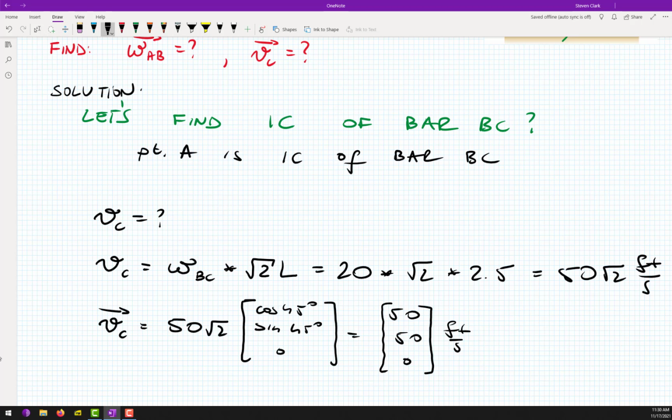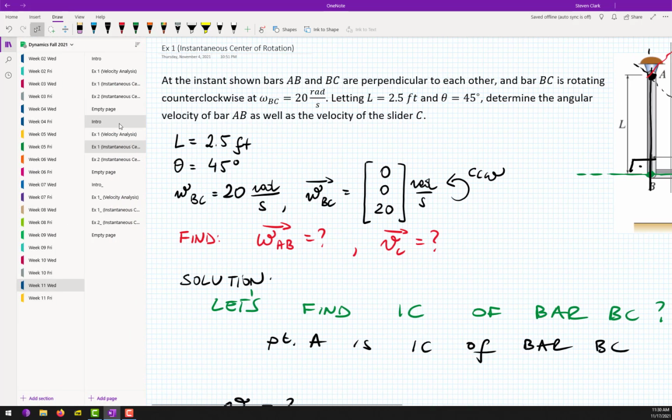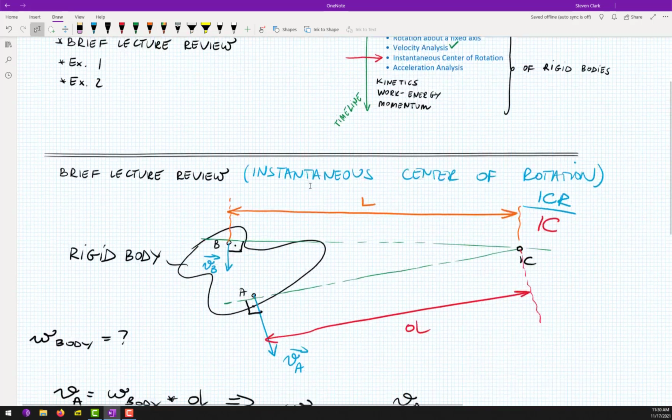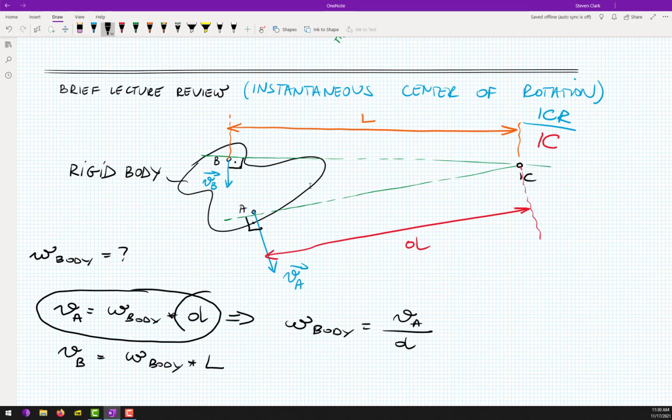Oh, sure. Because of what we covered here, this is true if D is the distance between the IC and that point.